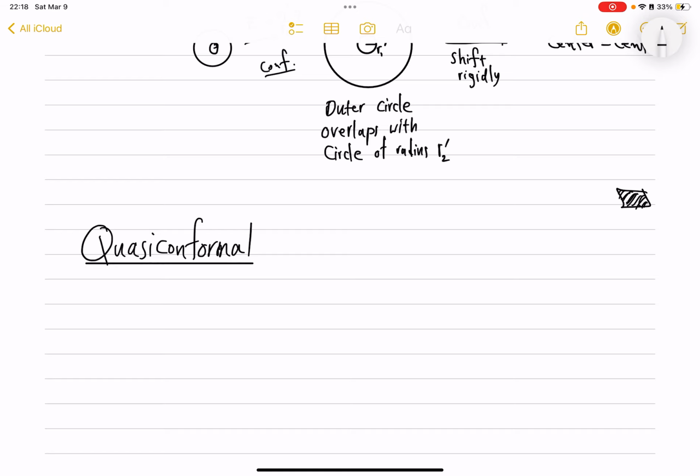It generalizes the notion of conformal maps so that we can talk about them in higher dimensions and also even in metric measure spaces. And this quasi-conformal map theory makes a lot of use of modulus. Actually, one definition of quasi-conformal maps is exactly by appealing to the notion of modulus.